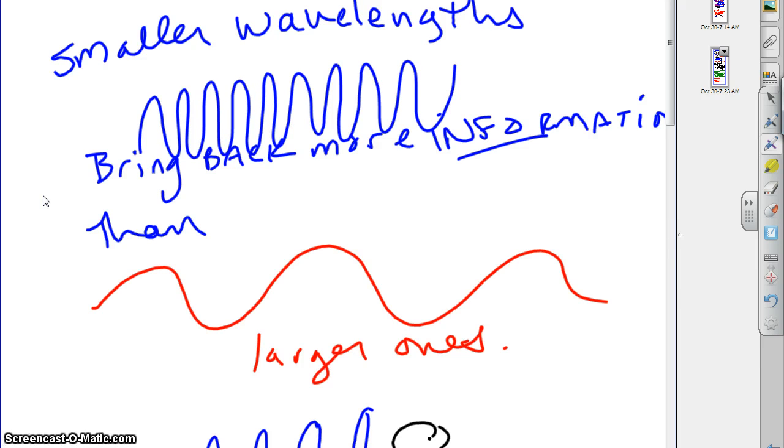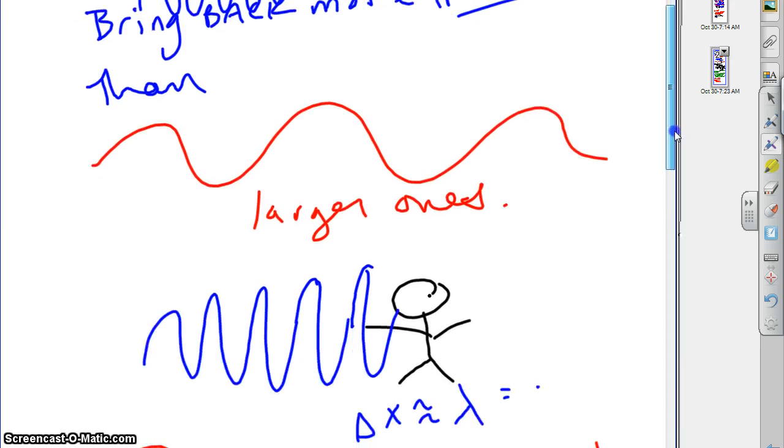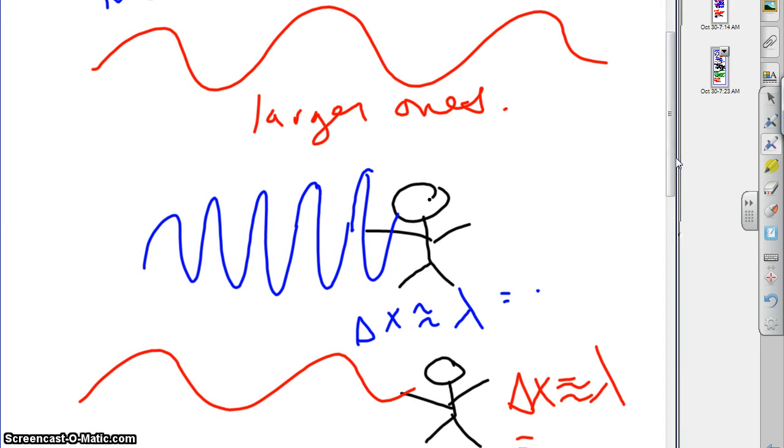I have an example here of a blue wave with a small wavelength and a red one with a larger one. And the small one will bring back more information. Let's imagine that you were trying to find out where this guy right here is. Like, where are you? Well, you bounce some light off of him. The uncertainty in where he is is related to the wavelength.